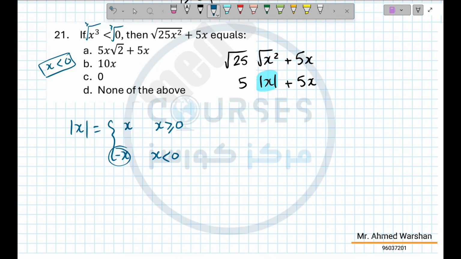So clearly, this absolute value of x is negative x. So this is going to be 5 times negative x plus 5x. 5 times negative x, that's negative 5x plus 5x, which is clearly equal to 0.